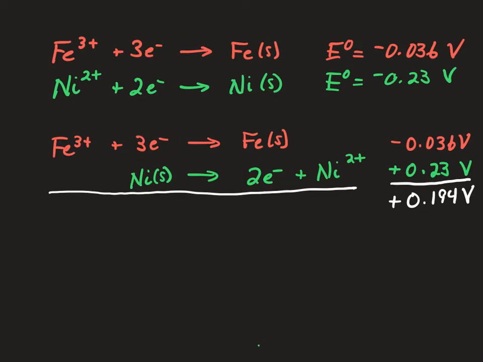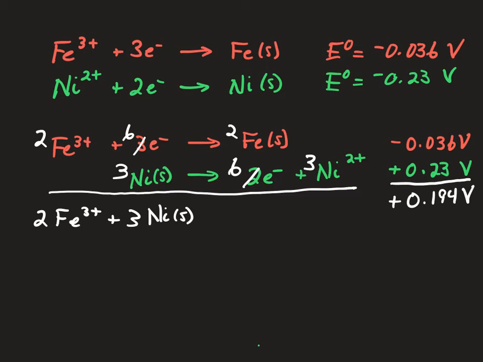The least common multiple is 6. So that means we have to multiply everything in the first reaction by 2 and everything in the second reaction by 3. And so when we balance this, we get 2 ferric ions plus 3 nickel atoms, or 3 moles of nickel if we're going mole to mole, give 2 moles of iron and 3 moles of nickel ions.